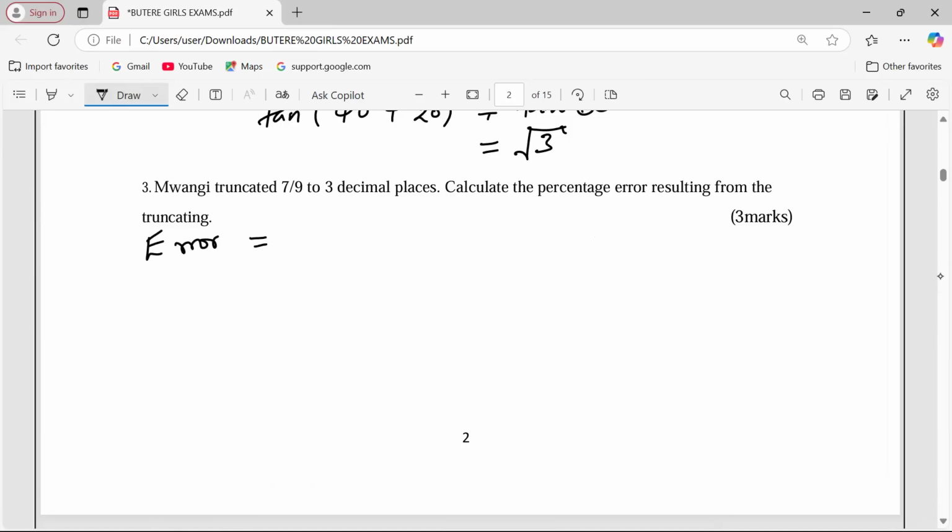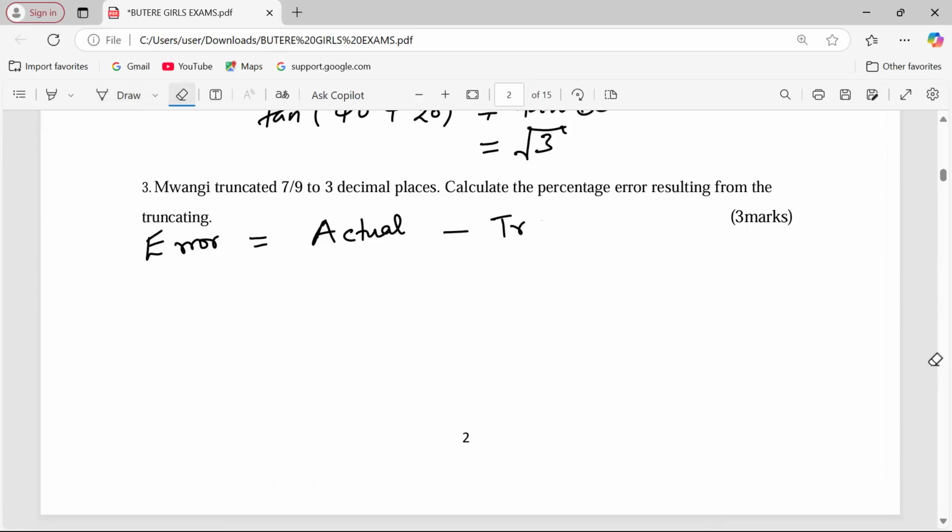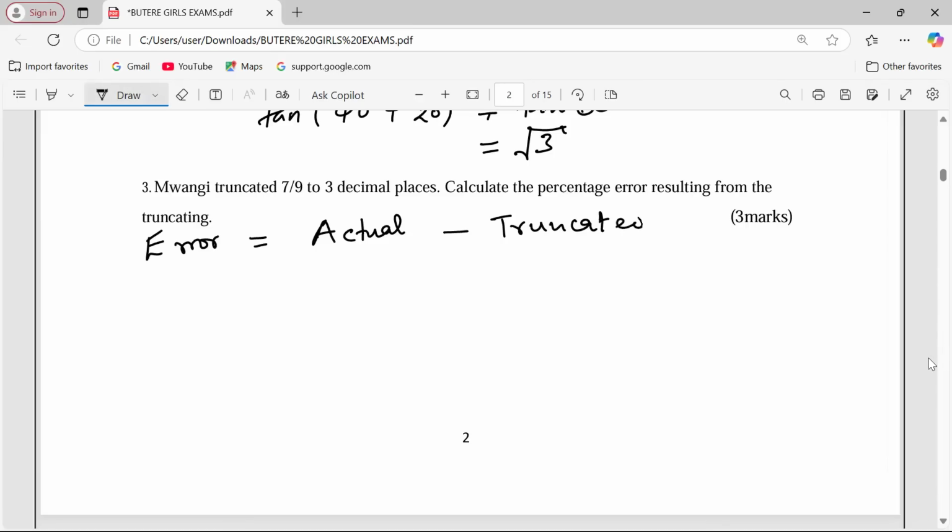Error equals the actual value minus the truncated value. It can be truncated, rounded off, or estimated value.